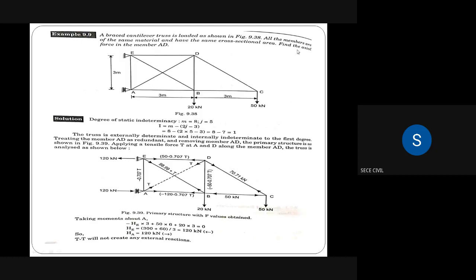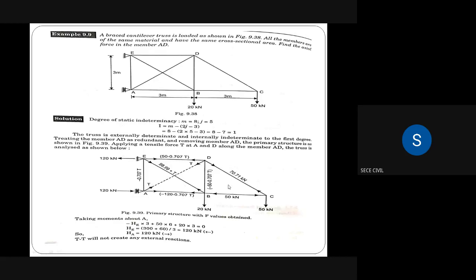In the question they are asking the axial force in the member AD. So that is why we are considering member AD as redundant and removing it. To make the total structure determinate, we have to remove the excess member. Here we are considering member AD as the excess, so we are removing it. So the primary structure is shown in the figure. After removing member AD, the remaining structure is the primary structure.